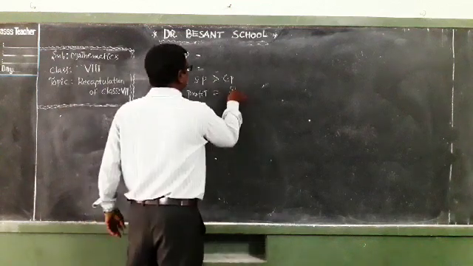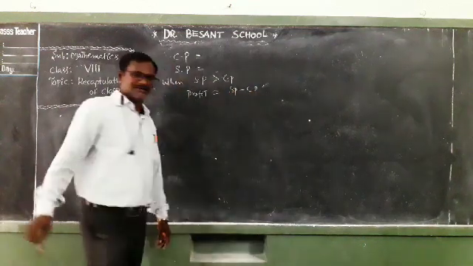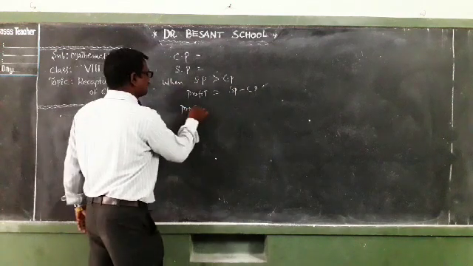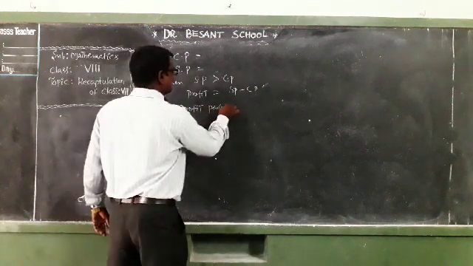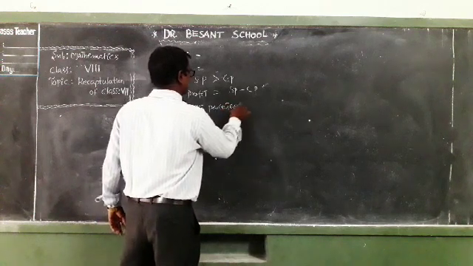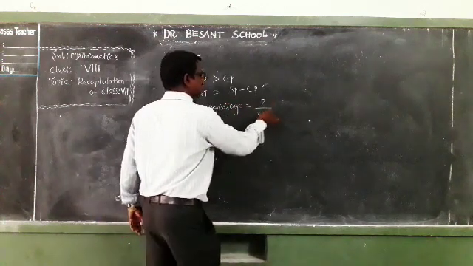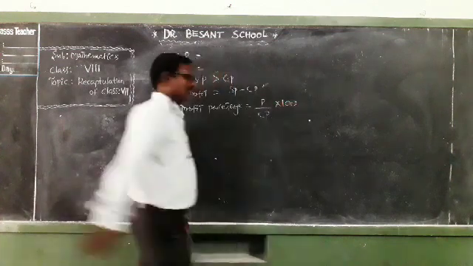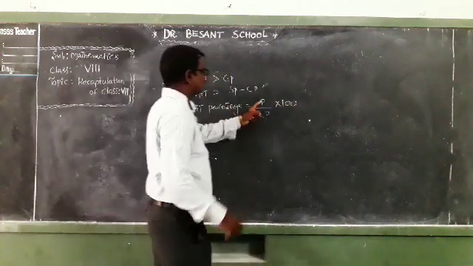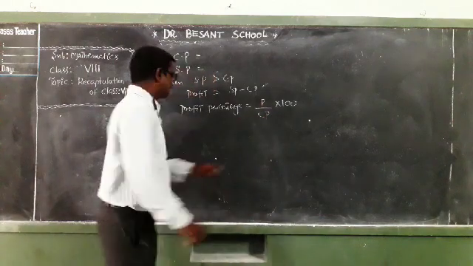Profit is equal to SP minus CP. And there is a formula to find profit percentage also: profit percentage is equal to profit by cost price into 100.